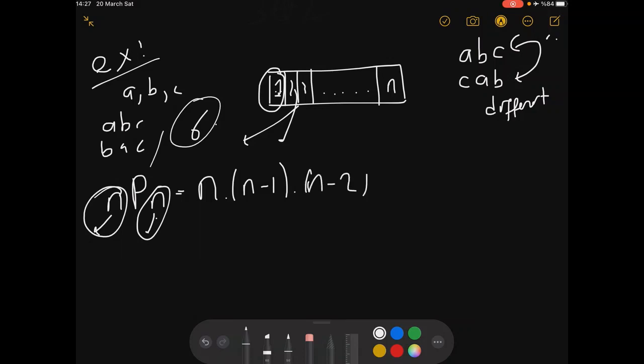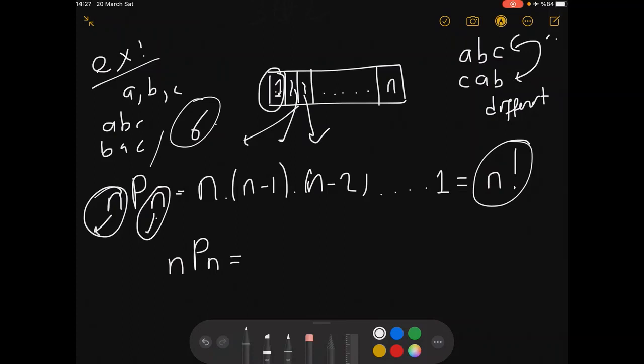And for the remaining, you will have n minus 2 up to 1 here, which gives you a famous factorial, n factorial here.